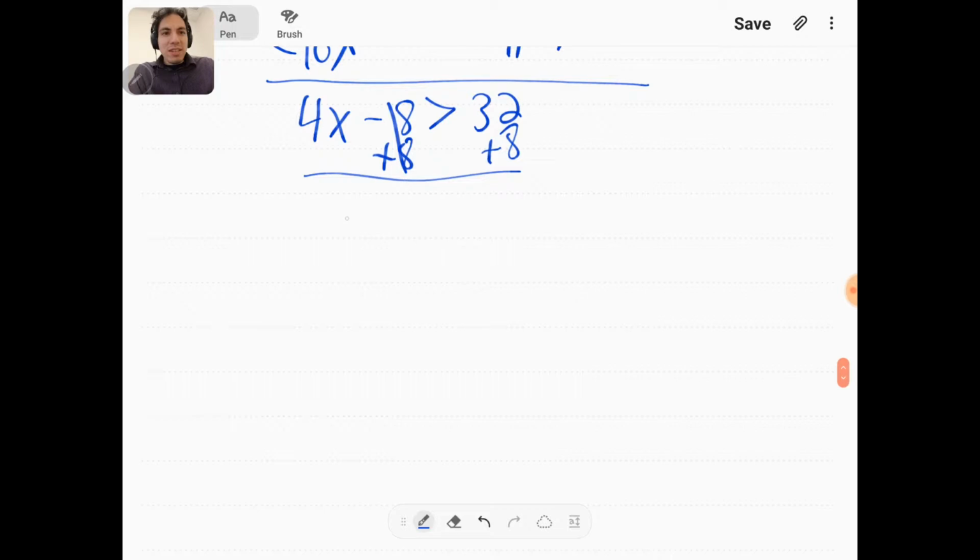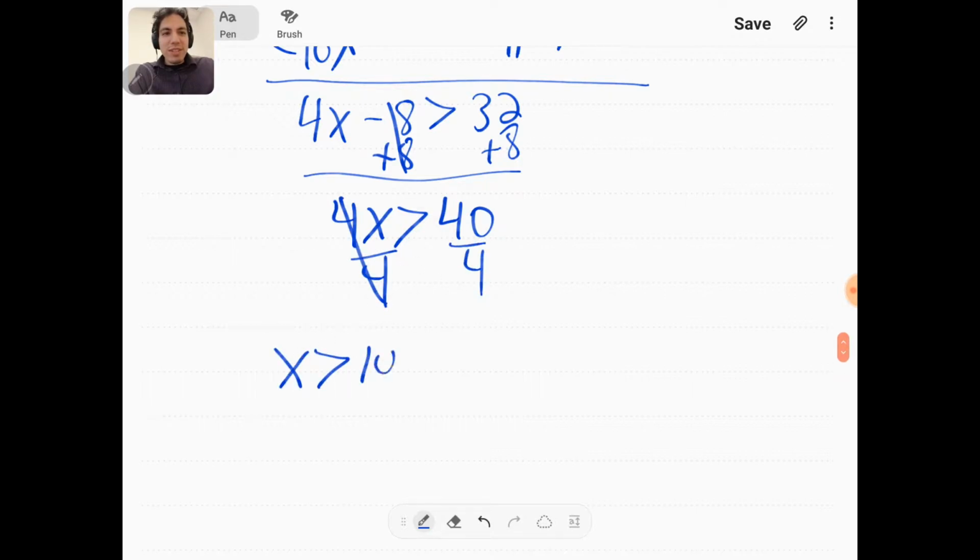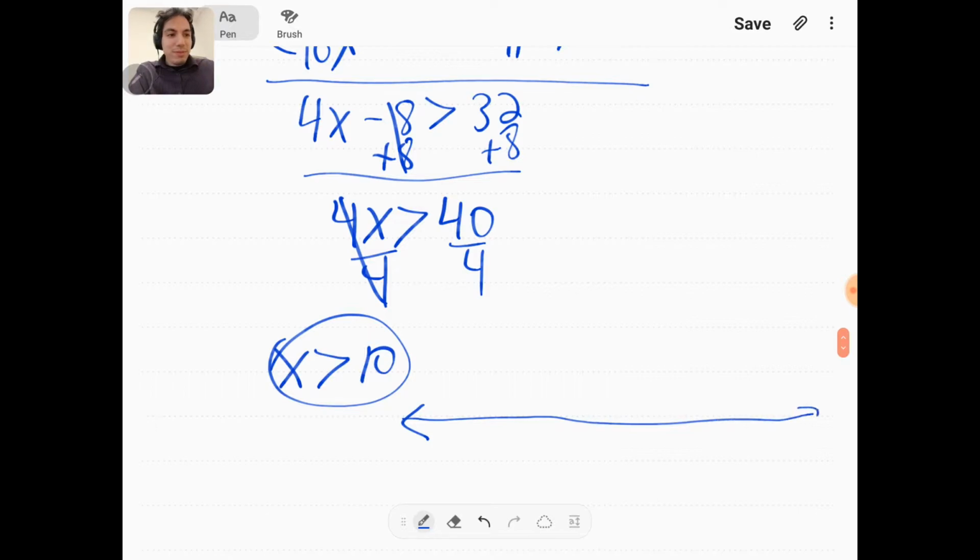Okay, remember, I just solved it. I have to graph it now. So we'll use increments of 5. 1, 2, 3, negative 5, negative 10, negative 15, and 5, 10, and 15.